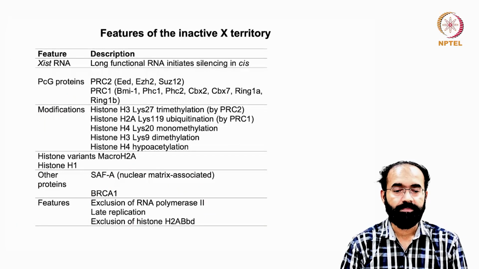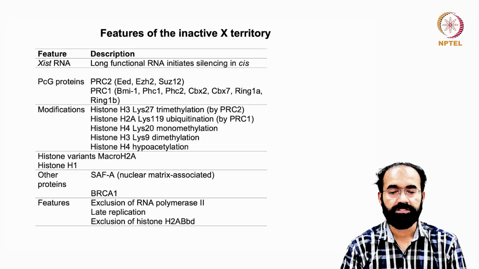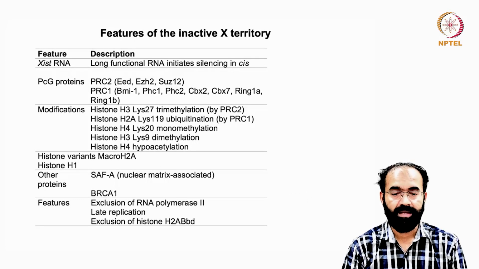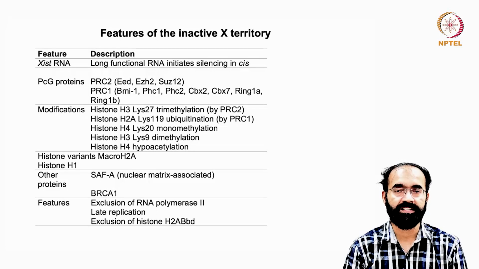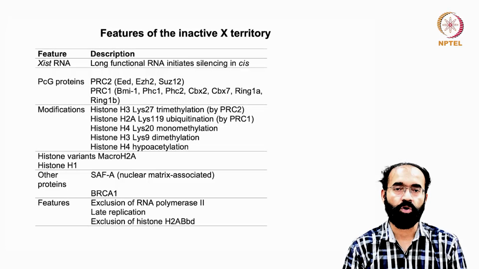So let us see what are the main features of the inactive X chromosome or inactive X territory. The first feature is Xist RNA itself. It's a long functional RNA that initiates the silencing in cis. So we have used the words cis and trans. The easiest way of understanding cis is within the same chromosome, within the same gene, within the same vicinity.